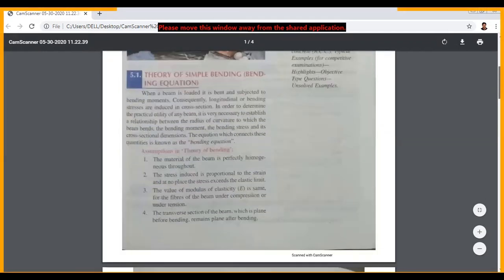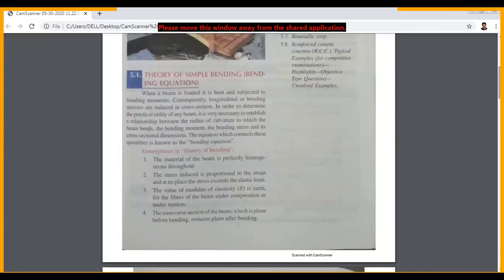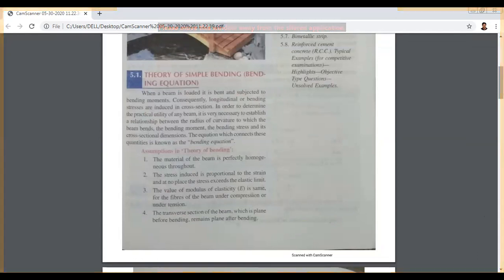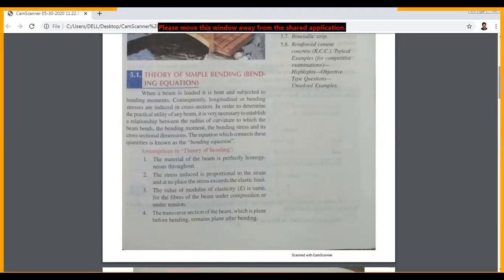So for the bending equation, these are the assumptions for the theory of bending. The basic assumptions are that the material of the beam must be homogeneous, and the stress induced is proportional to the strain, and at no place does the stress exceed the elastic limit. Then the modulus of elasticity is the same throughout the fiber, and the transverse section of the beam which is plane before bending remains plane after bending.